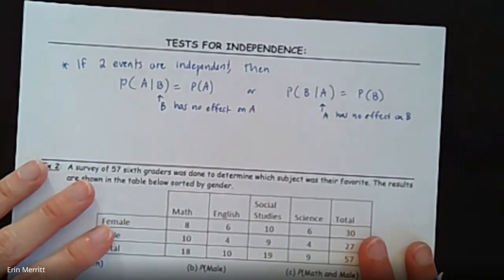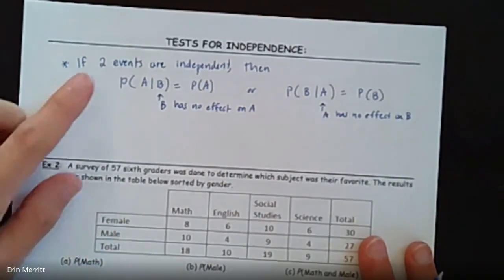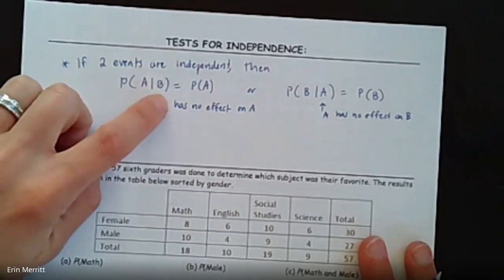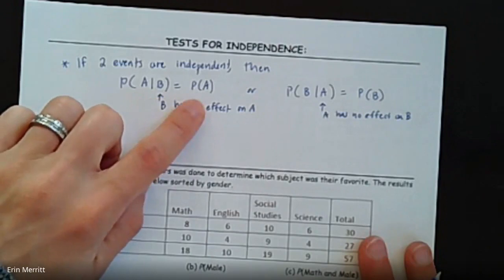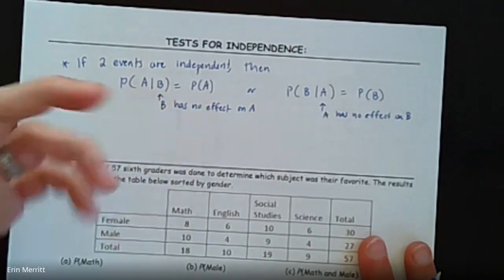So the idea, if they are independent, meaning B has no effect on A, then the probability of A, given that B happened, should just be the same as the probability of A by itself. Those numbers aren't going to change any.